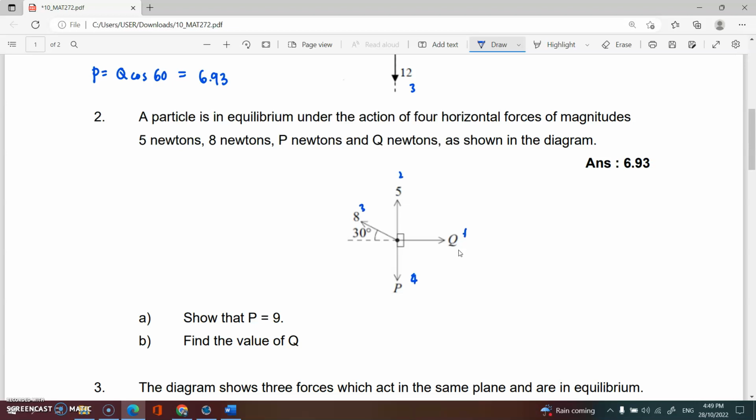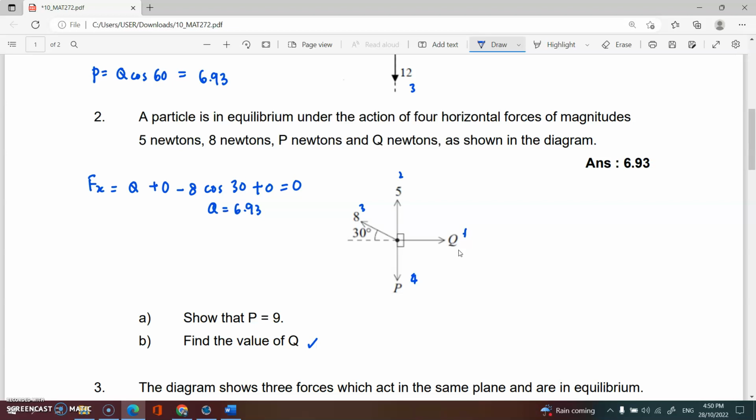Let's find the sum of the x component for all these 4 vectors. So we have Q, we have 0, and then the third one is 8 cosine 30 plus 0 is equal to 0. This one is straightforward, so you will get Q is equal to 6.93.